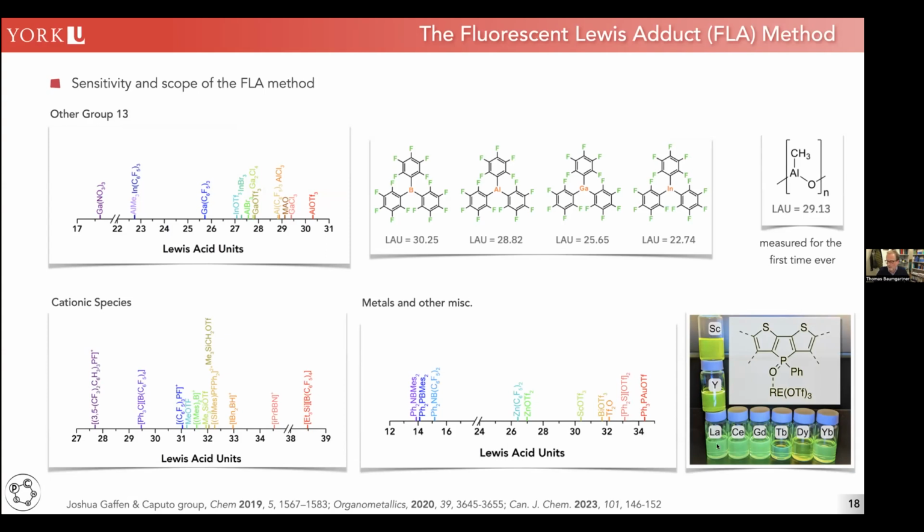If you go down group 3, we can even detect some changes, not as clearly anymore, between the lanthanides, at least every other one, because some of the lanthanides themselves are luminescent. But again, the only difference here is really the population of f orbitals. So very much inner shell, and yet our method can still detect that the Lewis acidity does actually decrease when we go from left to right, as far as I remember.